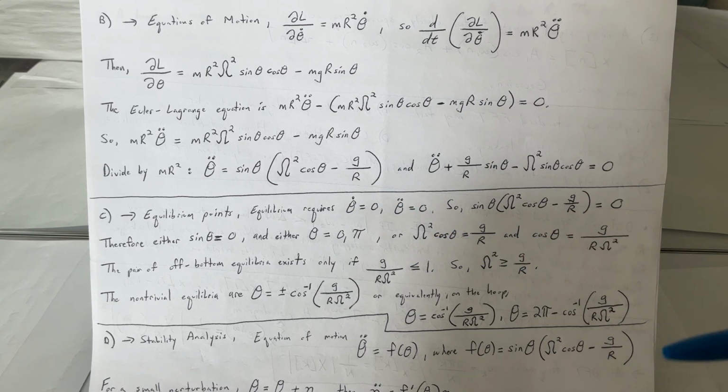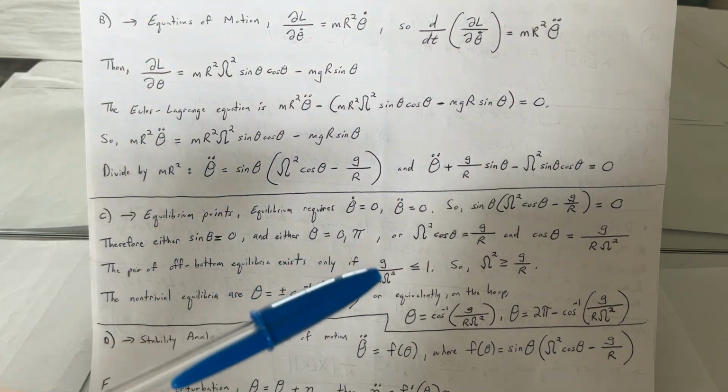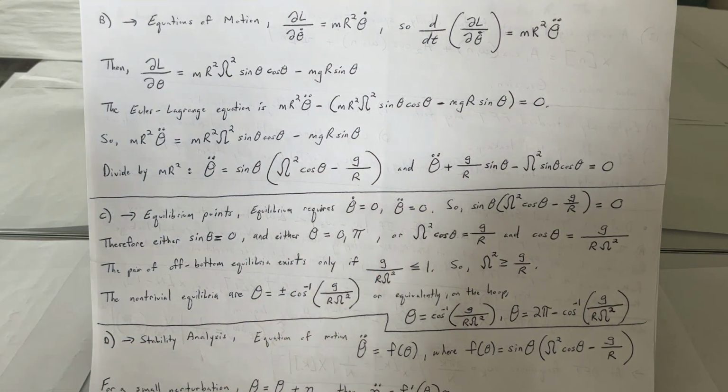Or omega squared cosine theta equals g over r, so cosine theta equals g over r omega squared. So the off-bottom equilibria exist only if g over r omega squared is less than or equal to 1. So omega squared is greater than or equal to g over r.